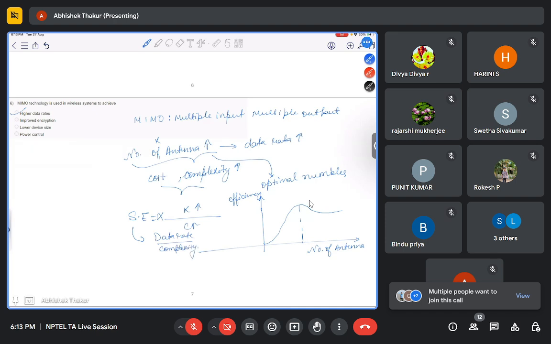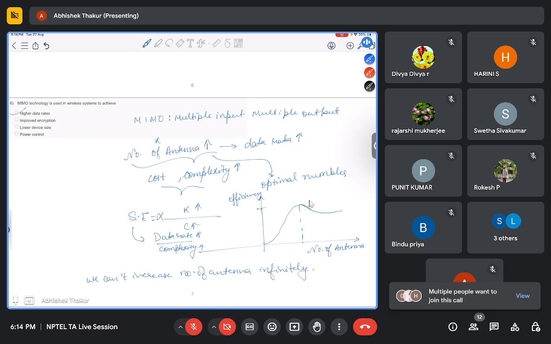Once the number of antennas increases, the data rate will start increasing and the complexity will also increase. But after some point, the data rate will not increase significantly, but the complexity will increase very significantly. That's why the efficiency will reduce. So we cannot increase the number of antennas infinitely.